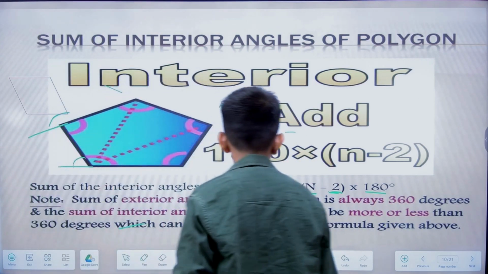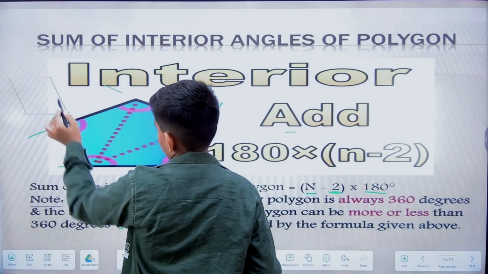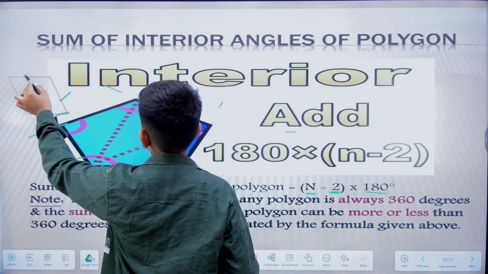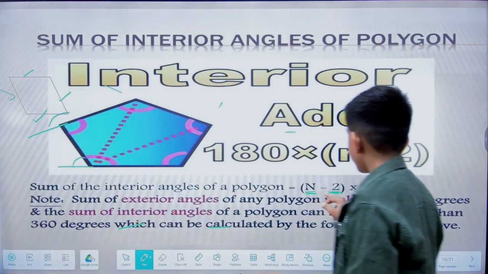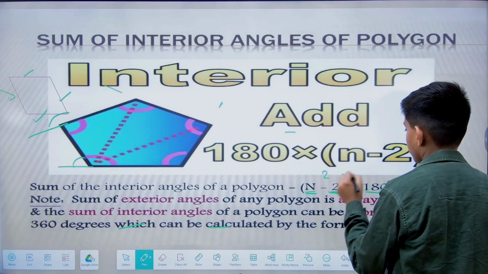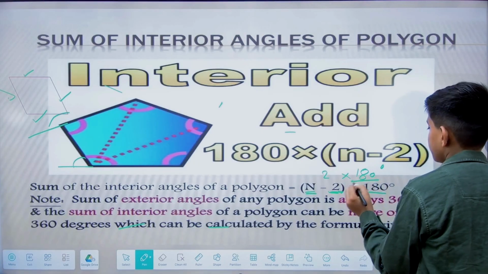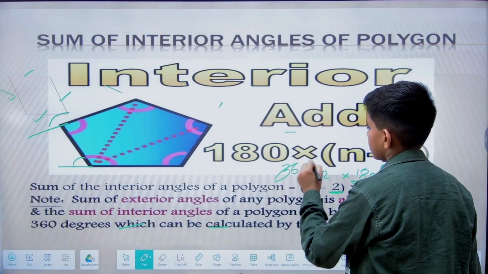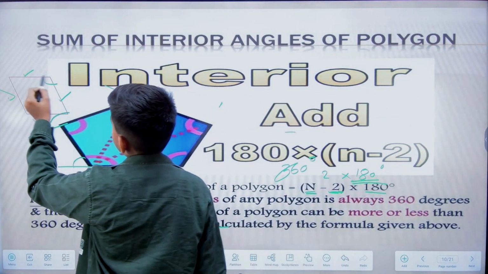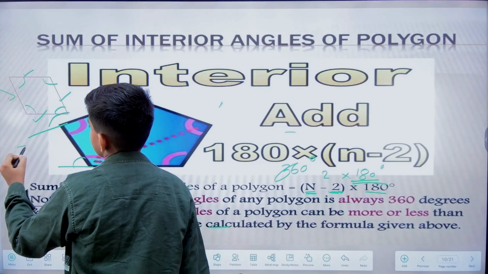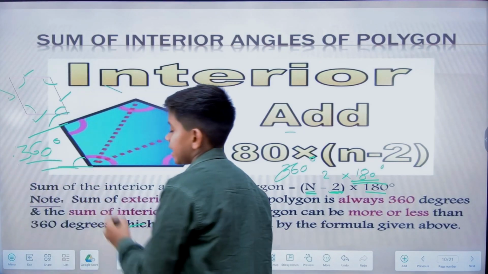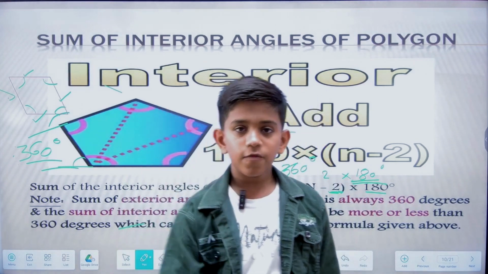Here we have a rhombus. So how many sides are there? 1, 2, 3 and 4. So number of sides minus 2 is 2, into 180 degrees. Means it is 360 degrees. Means the sum of these 4 angles is 360 degrees. Yes, so we can see our formula is working.